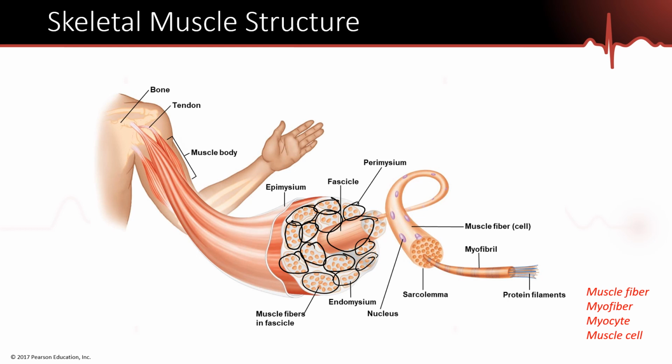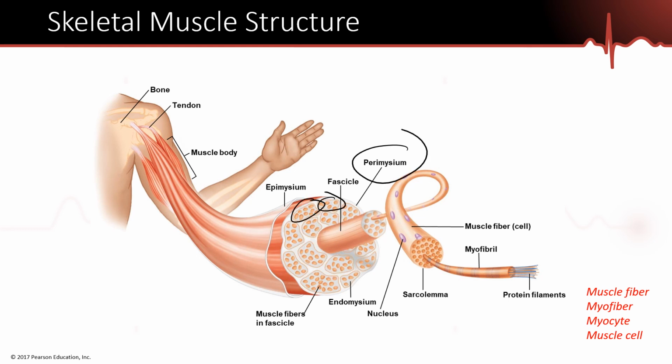We'll talk about what the fascicles are in just a moment, but let's first say the connective tissue that surrounds individual fascicles is what's called the perimysium. The perimysium is this layer of connective tissue that surrounds each individual fascicle.